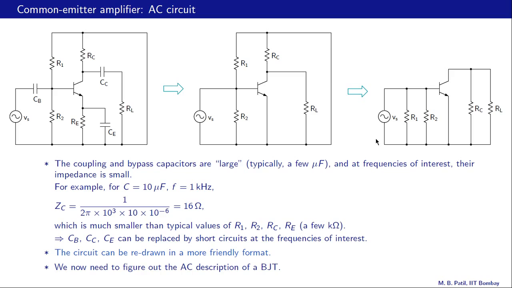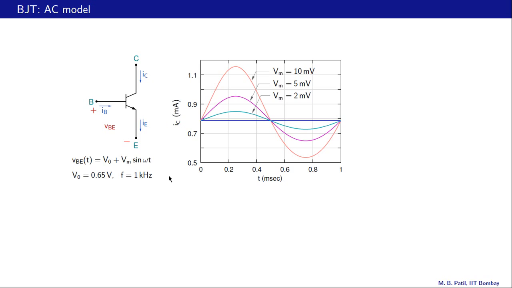The next question now is, what is the AC description of the BJT? So let us look at that in the next slide. Okay, so the question we want to answer now is what is the transistor behavior when a sinusoidal input voltage is applied and superimposed on a DC bias value.